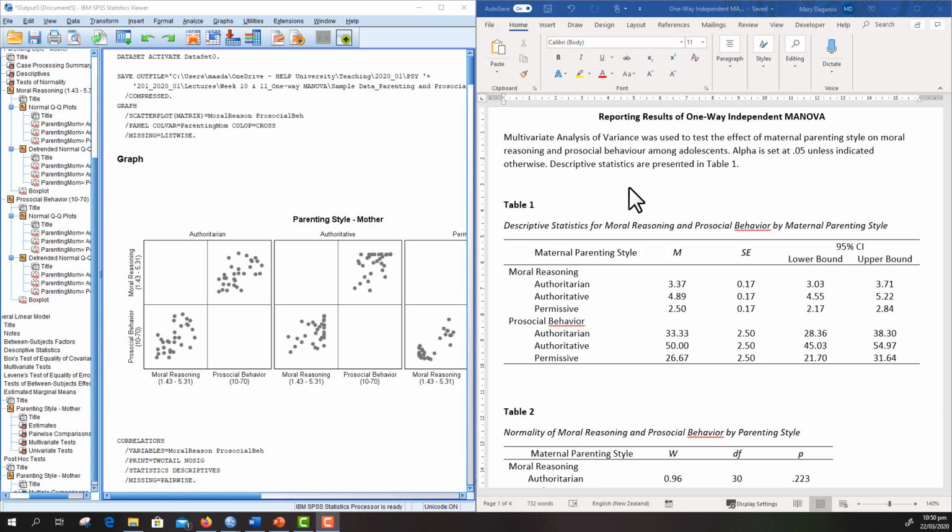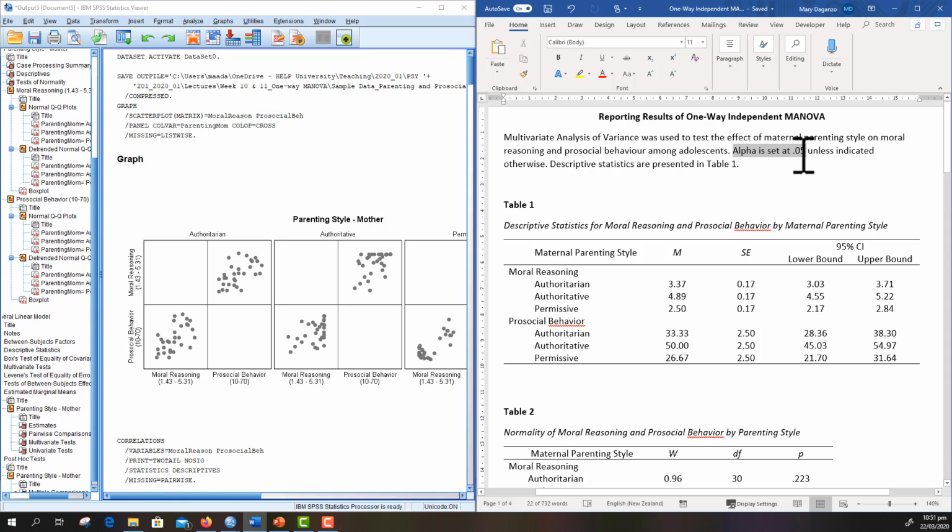When reporting the results, it is best to start your report with a description of the analysis as well as the specific variables that the analysis is intended to address. In this case, I mentioned here that multivariate analysis of variance was used to test the effect of maternal parenting style on moral reasoning and pro-social behavior among adolescents.